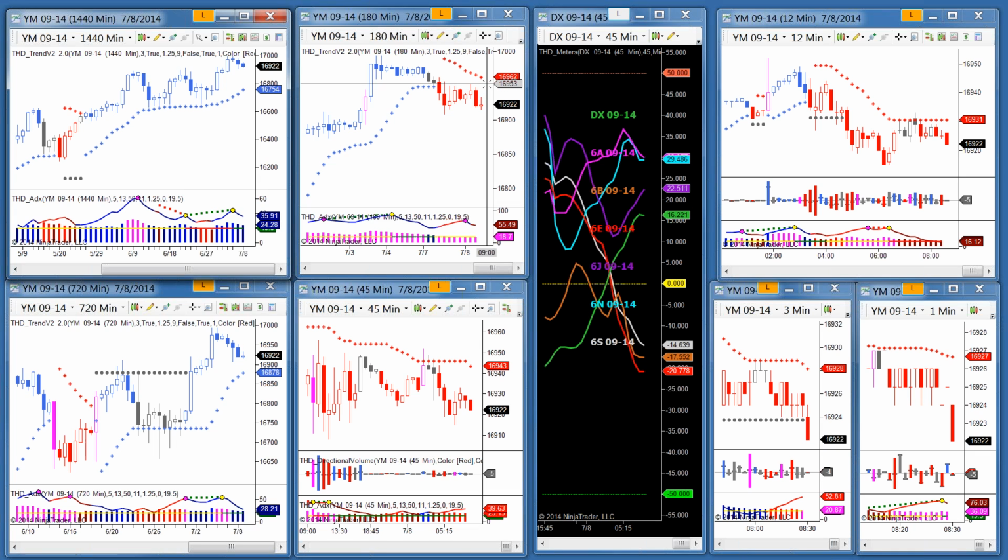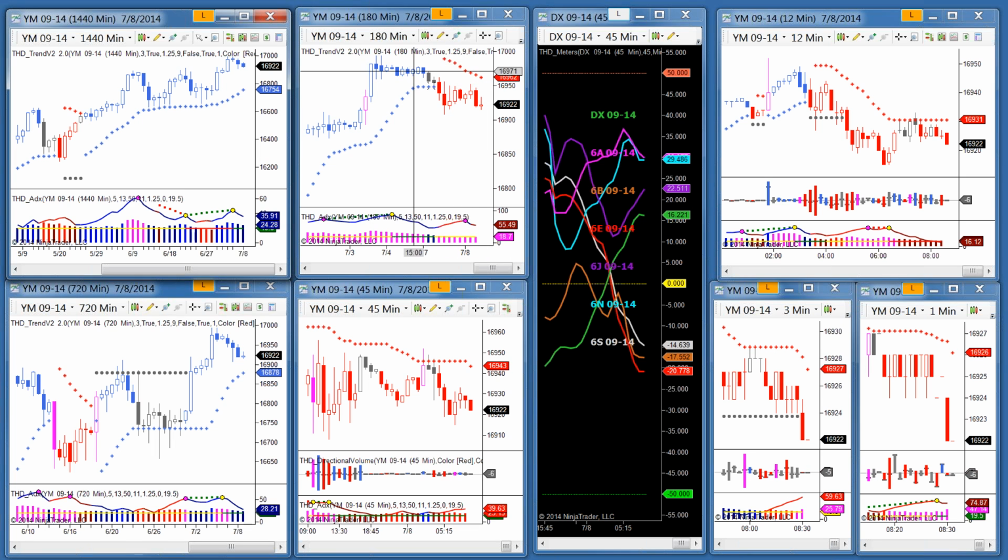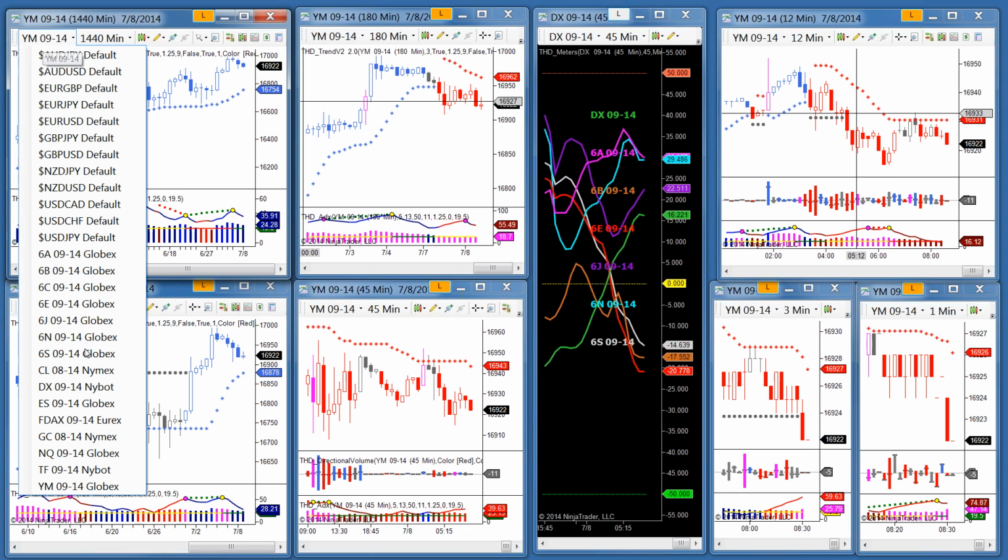It came to within 10 points of the ATR on the 180. Looks like it's moving down. Looks like the 12-minute ATR is actually holding it down. Again, I'm not seeing a lot of buyers coming into this market. So to me, overall, it still looks like it's going to be a down day for the Dow as well.